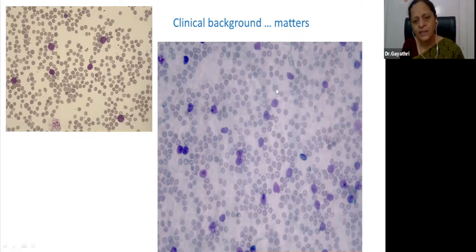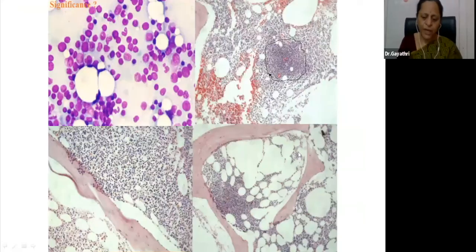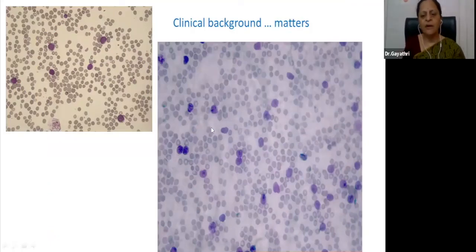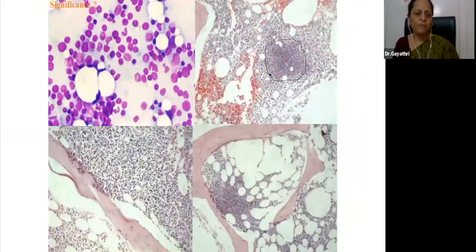Look at this, the same history. If I told you that this is from, again, a pediatric age group and there is lymphocytosis with leukocytosis, maybe this is reactive lymphocytosis. But if this is a 70-year-old, 60-year-old with this degree of lymphocytosis, you will evaluate for chronic lymphoproliferative disorder. What would you do?